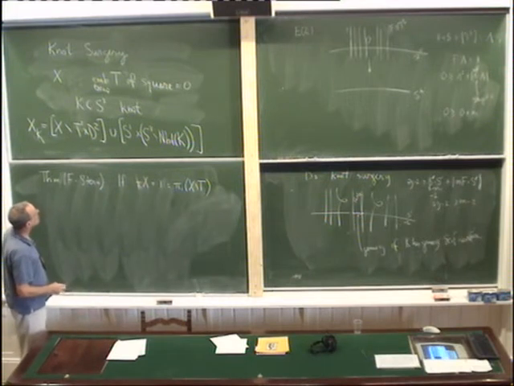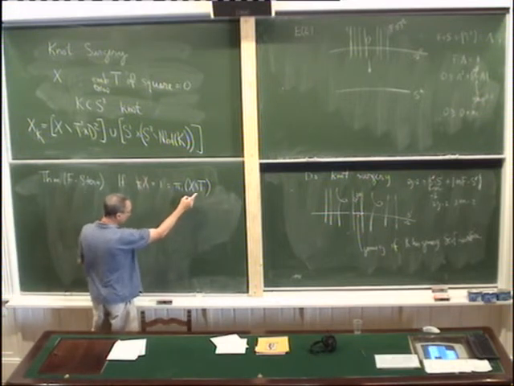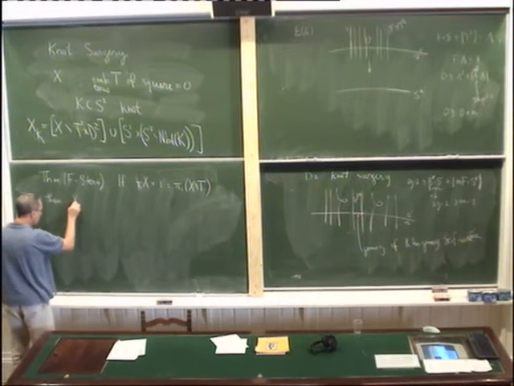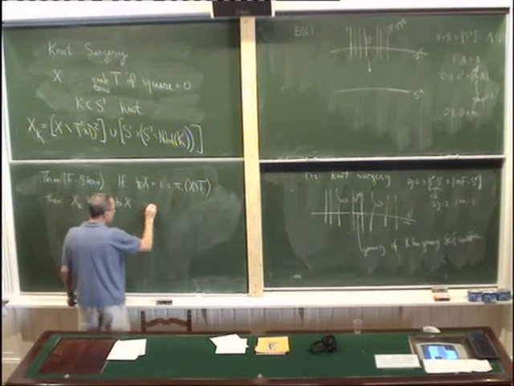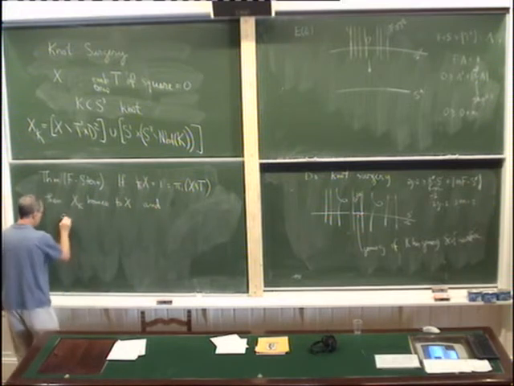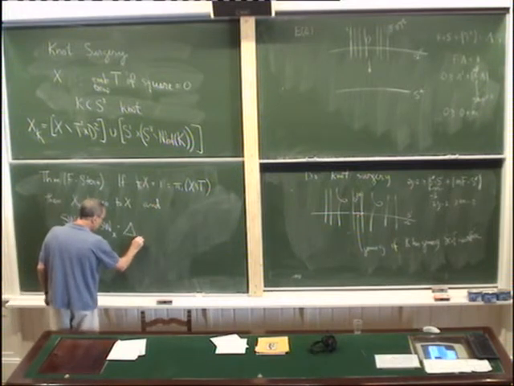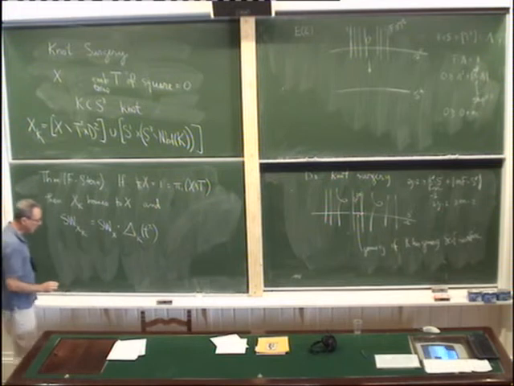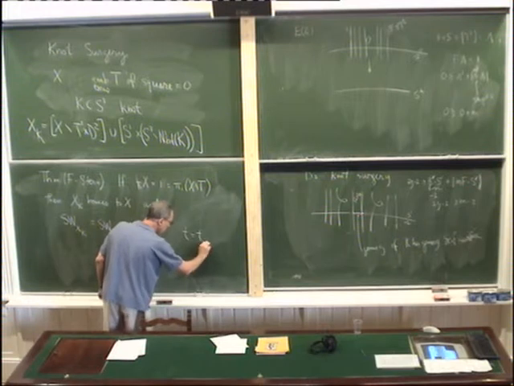We have an embedded torus of square 0 inside of X, and K is a knot. Suppose that X is simply connected and the complement of the original torus is simply connected. Then X_K is homeomorphic to X, and its Seiberg-Witten invariant is the Seiberg-Witten invariant of X multiplied by the symmetrized Alexander polynomial of the knot, where the variable is t squared, where t corresponds to t sub T.